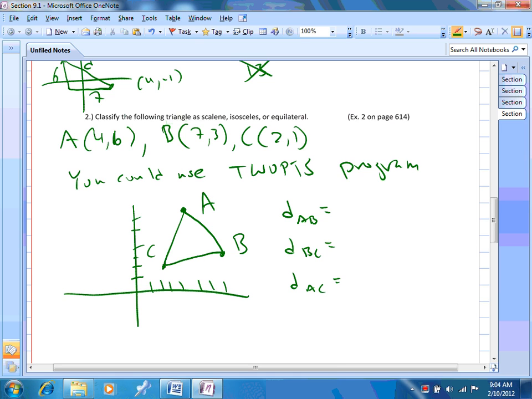So 2 points. If I find AB, 4, 6, 7, 3. Okay, I don't have a good one. I think you guys might have the one with the radicals. If I have 4.24.